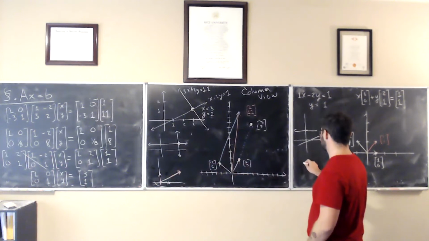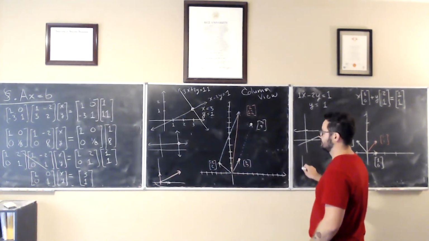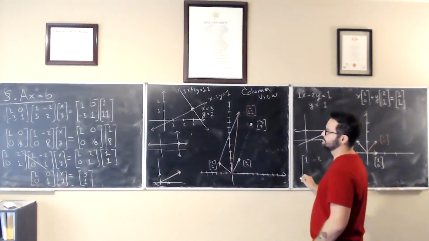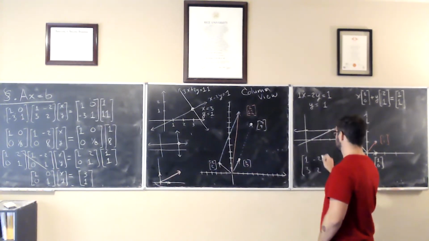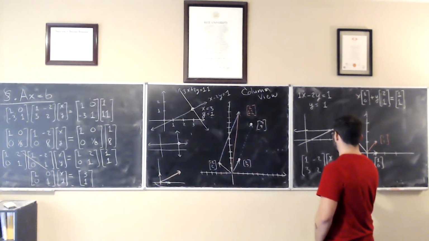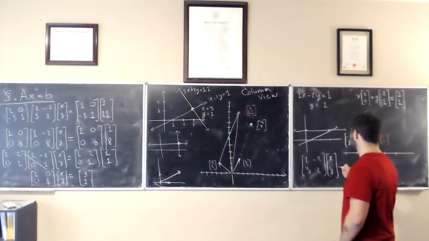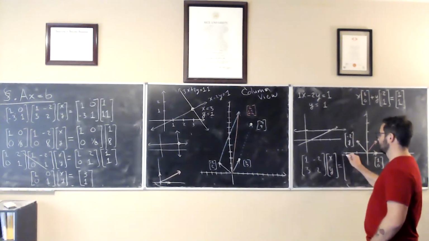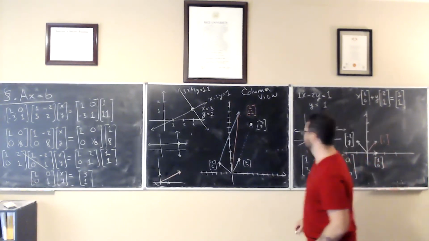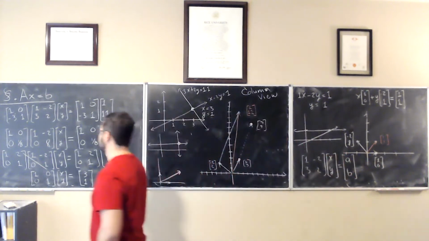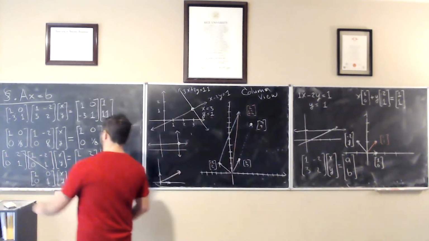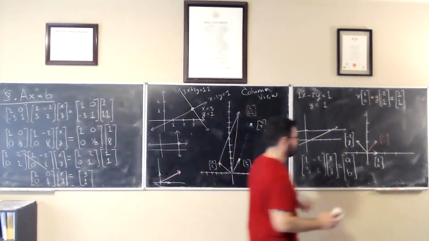So if I wrote down, I'm going to use the same matrix I started with. 1, 2, 3, 2, times x, y, equals a, b. What does that mean about that system of equations? Think about it.